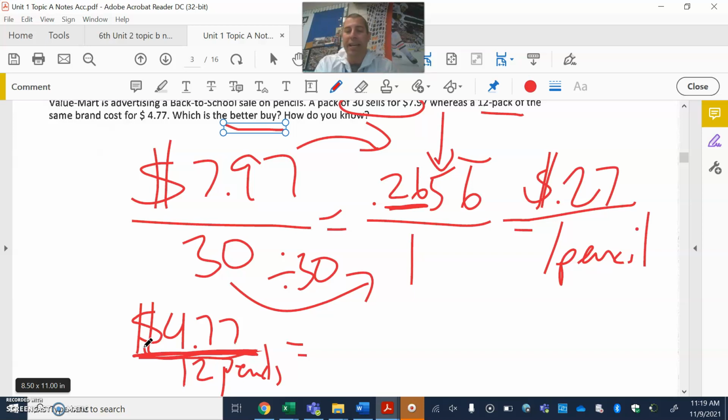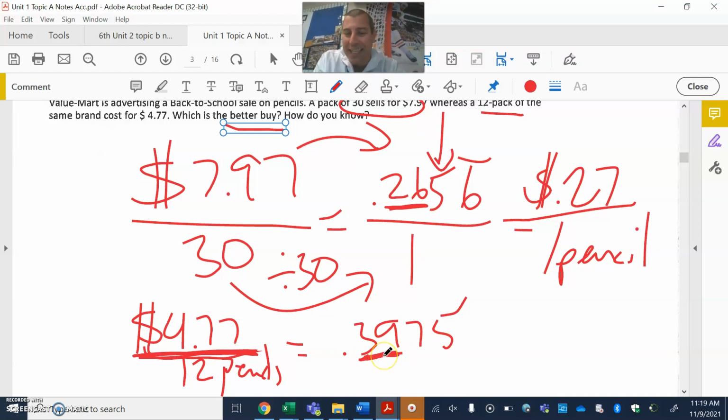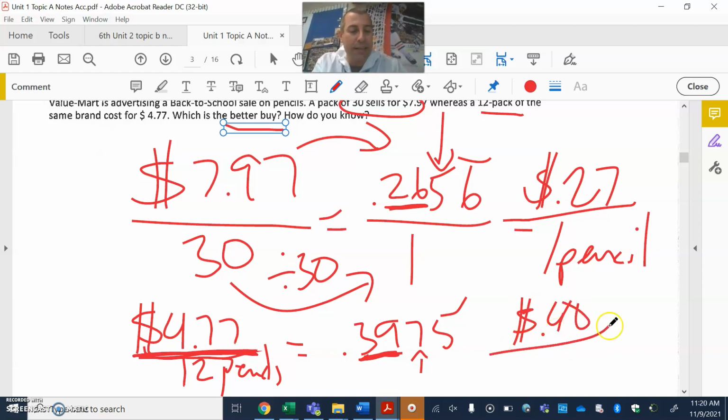Calculator says this. Remember, we are talking money, so we're rounding to the nearest cent. So I see a 39, but I look to the right, and there's a 7. Will the 7 make you round up? Yes, it does. 1 more cent than 39 cents gets us to 40 cents. Again, 40 cents for the 1 pencil.